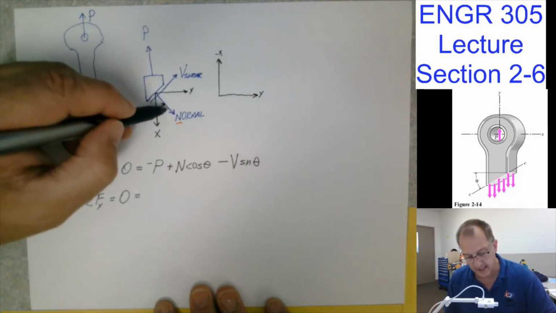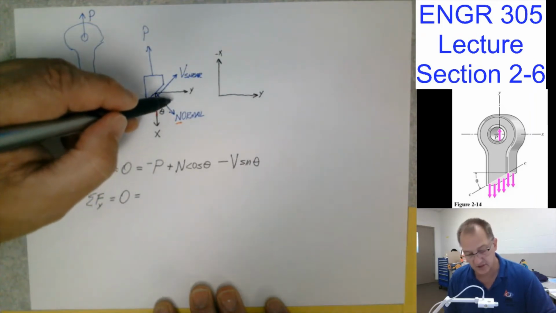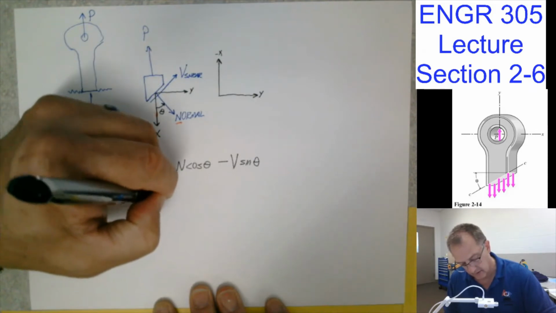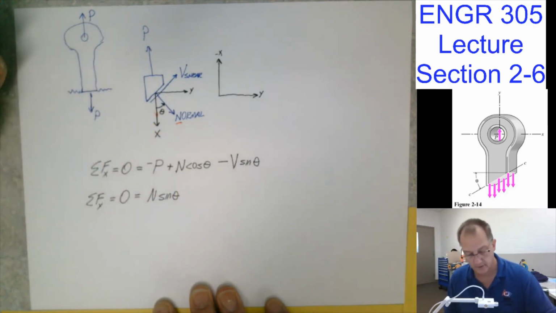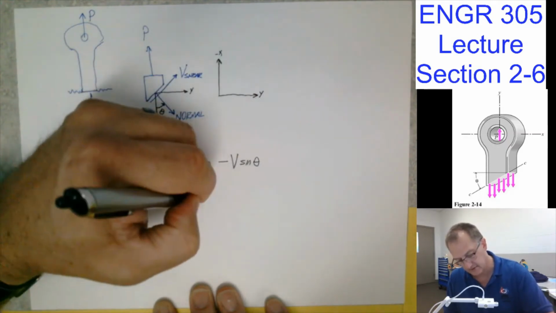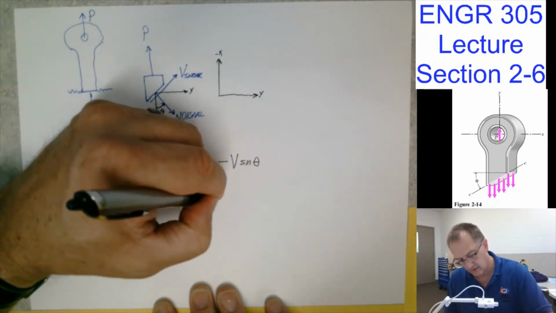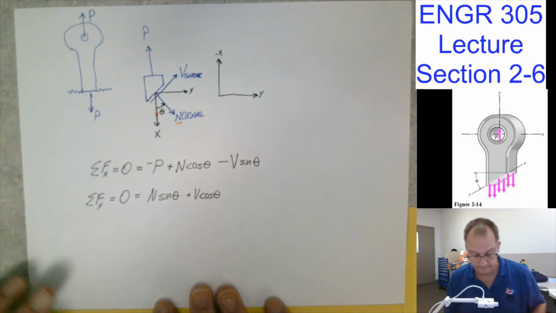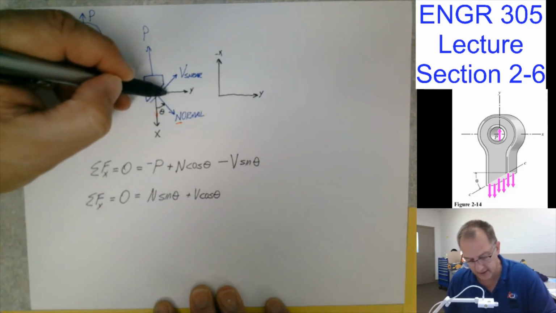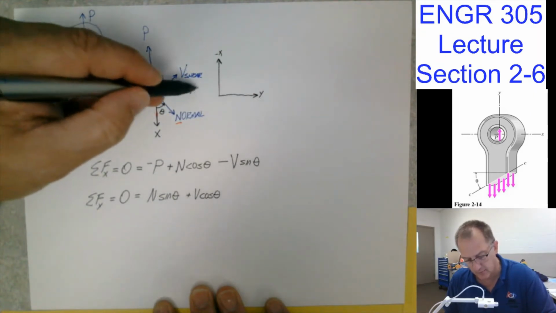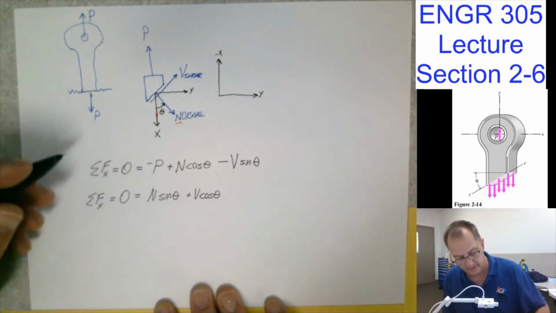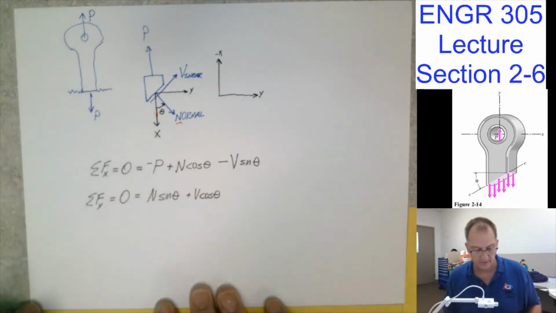This is going to be N times sine of theta plus V cosine of theta. Let's check that out. As theta goes to 90 degrees, sine goes to 1, and the normal is all in y. So, yep, I got that. Okay. So those are my two equations.